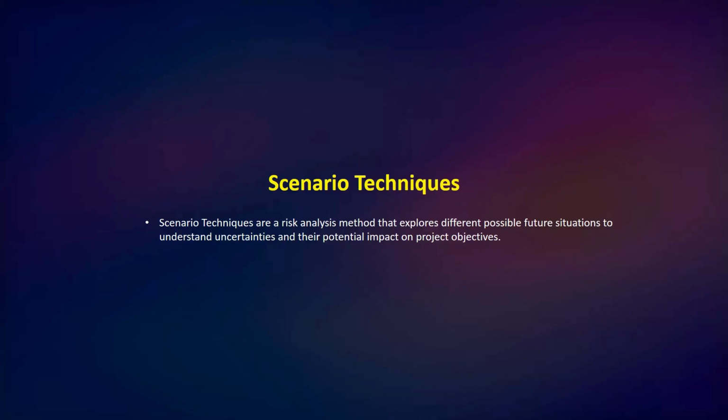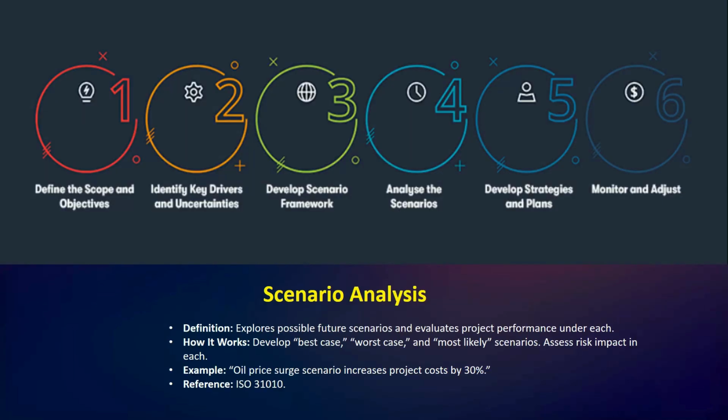So next we have scenario techniques. Scenario techniques are risk analysis methods that explore different possible future situations to understand the uncertainty and their potential impact on project objectives. Okay. So under scenario, first we have the same name, scenario analysis. This is the technique actually.